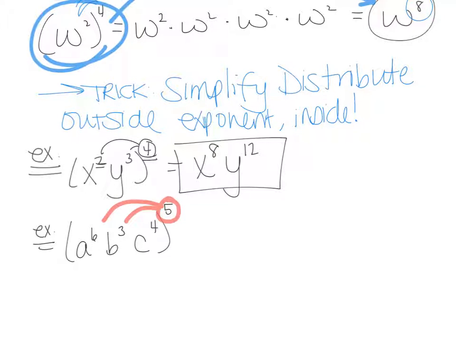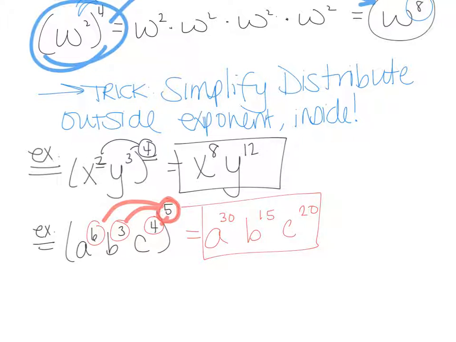So I'm distributing it to all of my exponents on the inside because I can only distribute a little number with little numbers. So I have a to the 30th power, b to the 15th power, and c to the 20th power. I know I'm done because a, b, and c are shown once, and because I have no negative exponents.